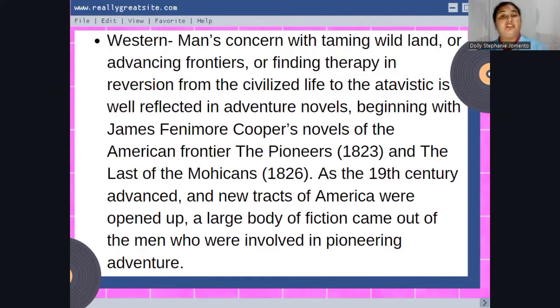So other frontier fiction has come from another new world, the antipodes. South Africa as well, as well as the Australian outback. But the American West has provided the best mythology, and it is still capable of literary treatment.